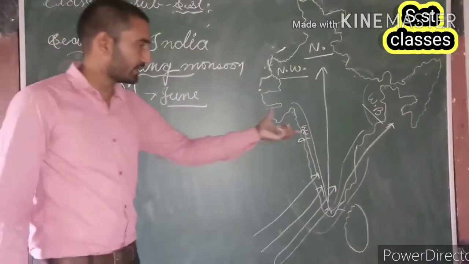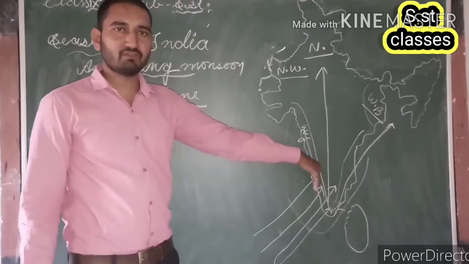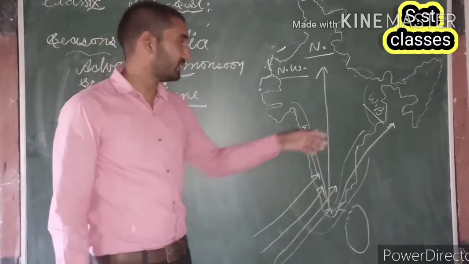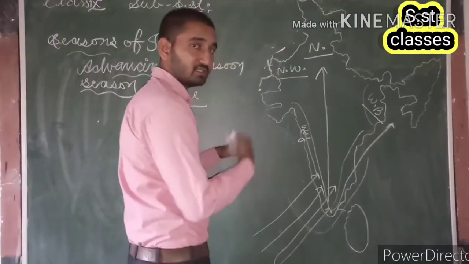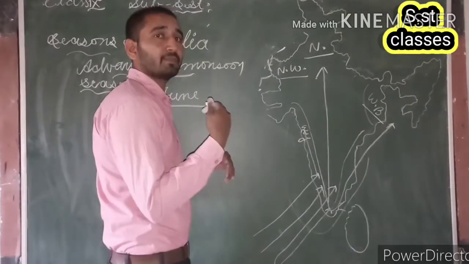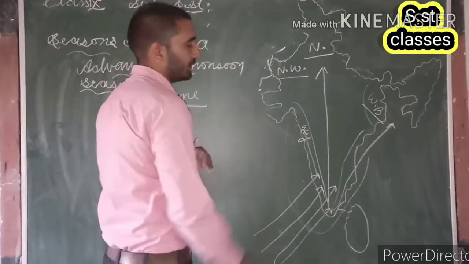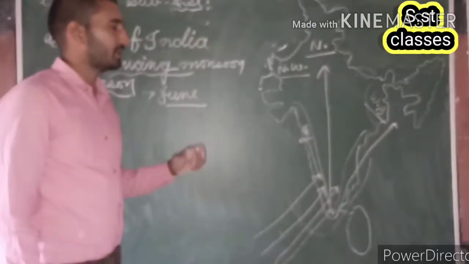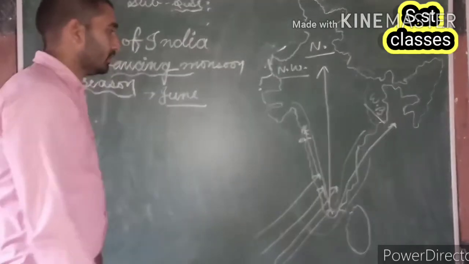And when the monsoon enters in India, then the monsoon winds strike with the western slopes of Western Ghat and cause a lot of rainfall there. On the other hand, this is the windward side. The western side is the windward side of the monsoon. On the other hand, the eastern side, which is the leeward side or rain shadow side of India, receives comparatively low rainfall.